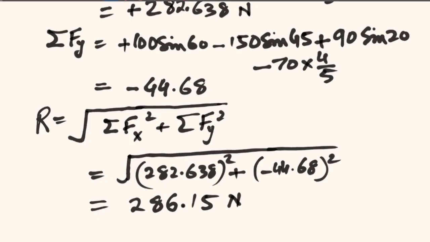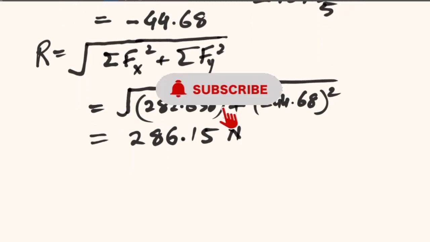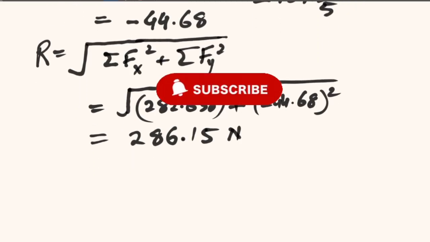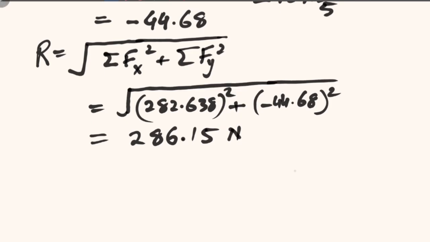So now if we look at these values of sigma fx and sigma fy and look at the directions here, this is your sigma fx, which is in positive direction, and sigma fy is in the negative direction, right?